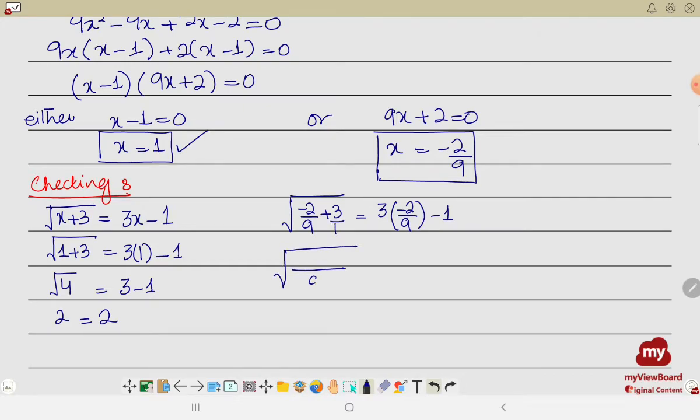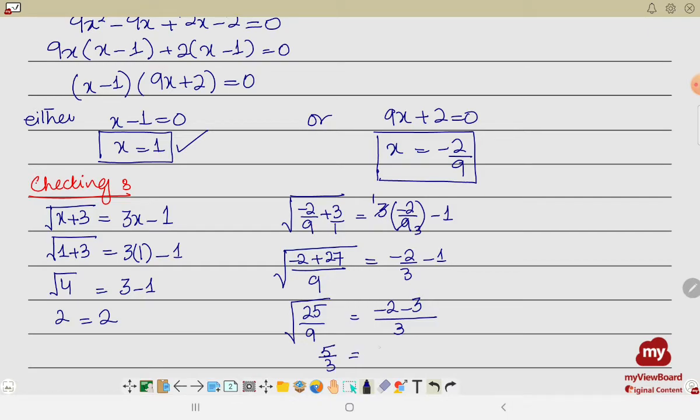As two fractions are here, we'll make them one fraction because we have to simplify it. So we'll get 27 here, and on the right hand side, the 9 will be cancelled, so we'll be having minus 2 by 3 minus 1. Here we'll have square root of 25 over 9. When we open this 25 by 9, it will become 5 by 3.